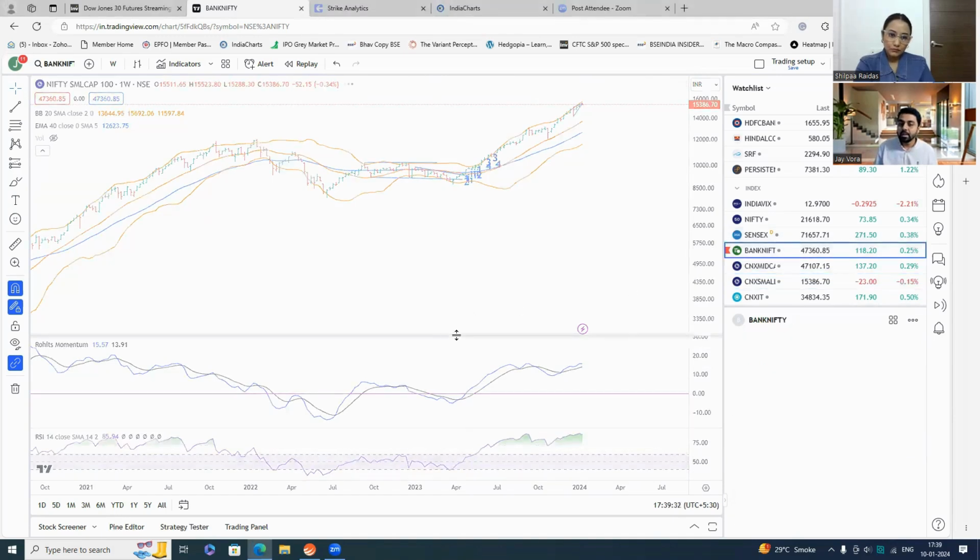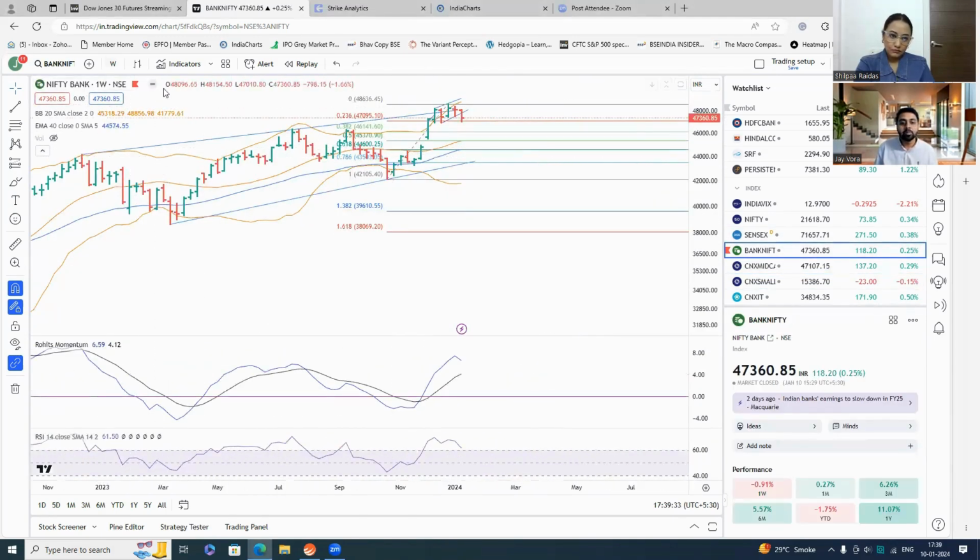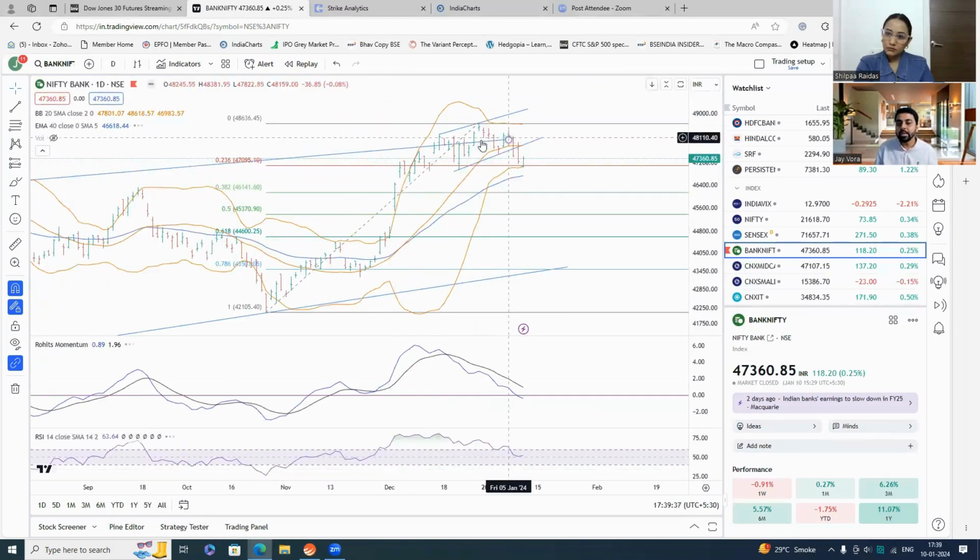If you see the Bank Nifty index, that was the one which was already weak, and it had broken the 20-day average and has corrected. Further correction is possible if the Bank Nifty closes below the 40-day exponential average, which is the blue line, and that is right now around 46,720. If that breaks, then there can be further selling pressure.